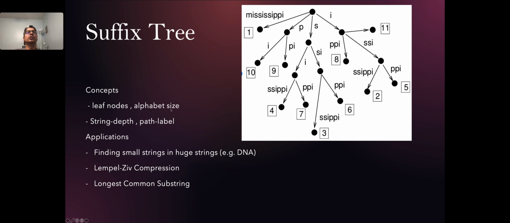So the alphabet size plays a role here in the number of children a node can have.